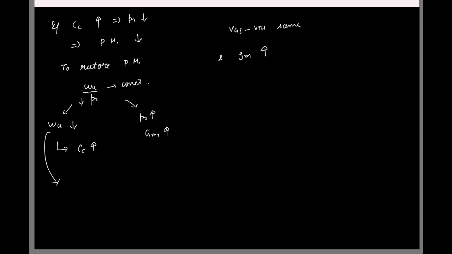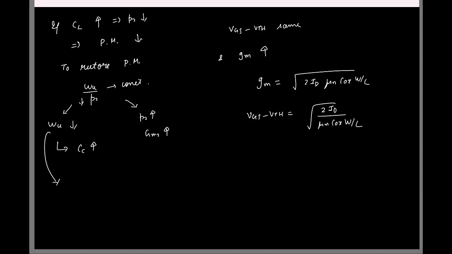For this, GM is what? W by L. And what is VGS minus VTH? Square root of 2ID by Cox W by L, right? So I want to keep VGS minus VTH constant.